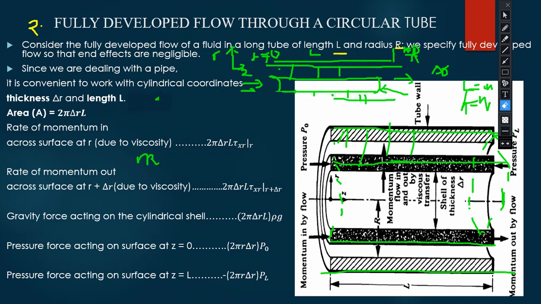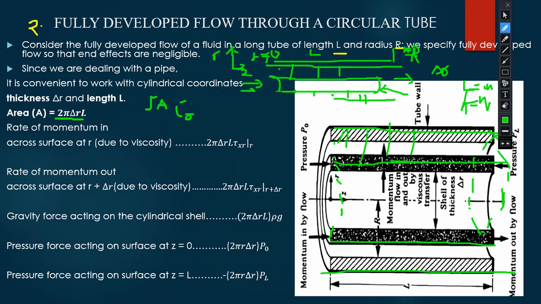So if we come to this part here, we realize that if momentum is also equal to stress times area, then the area, which is given by 2πrΔL, will be multiplied by the shear stress, which is τ_rz.